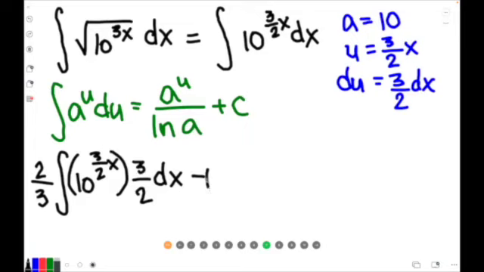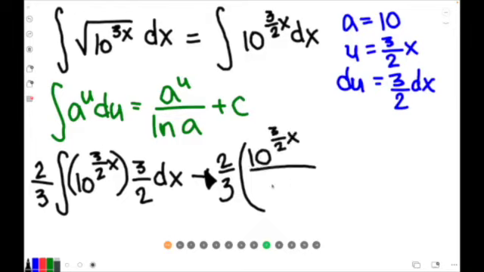Okay, so solving, we just need to substitute a to the u, so our answer would be, don't forget about the 2/3 outside. So we have 2/3 times 10 raised to 3/2 x all over ln of a, ln 10, plus c.